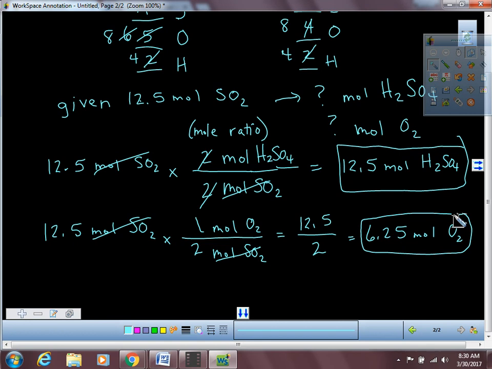Another example. I'm going to put up a clean page. Number 2. A reaction between methane and sulfur produces carbon disulfide, a liquid often used in the production of cellophane. It also produces H2S, but it didn't say that.